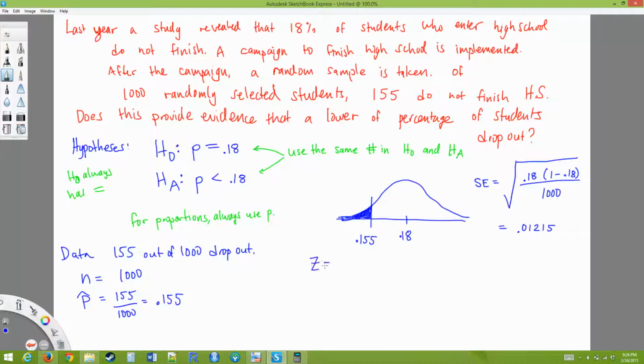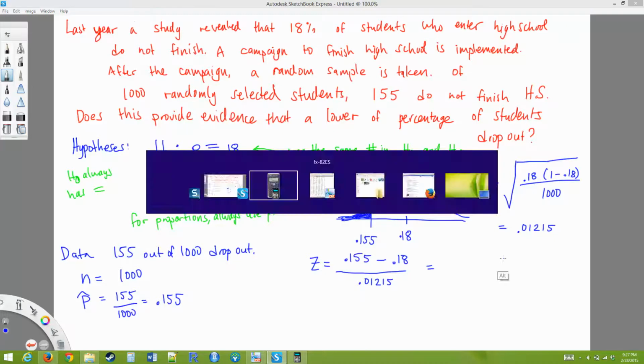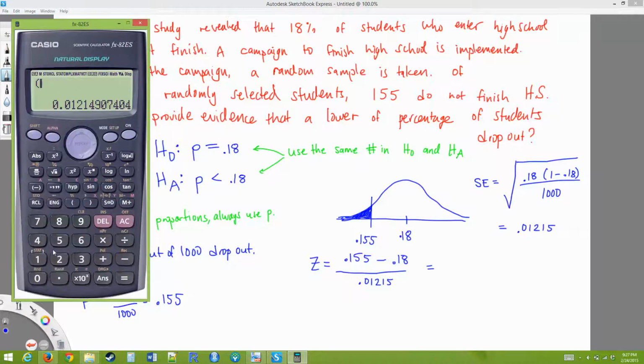My z-score is going to be what? 0.155 minus 0.18 divided by the standard error, 0.01215. So 0.155 minus 0.18 divided by the answer here.